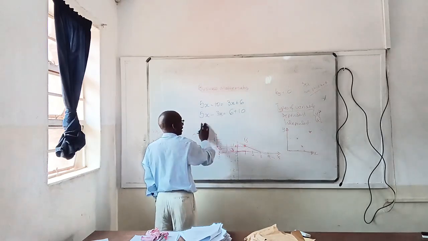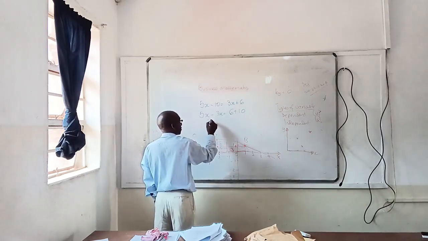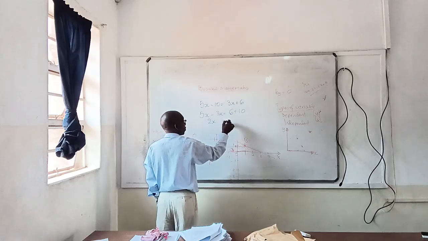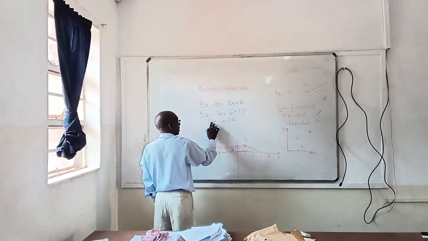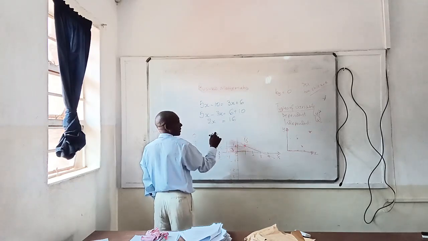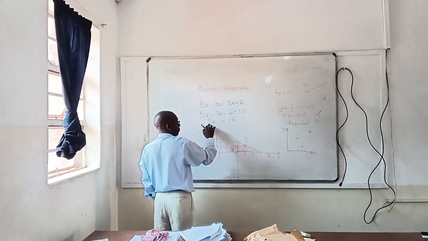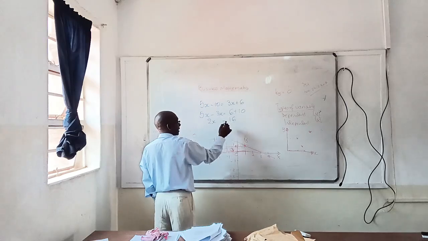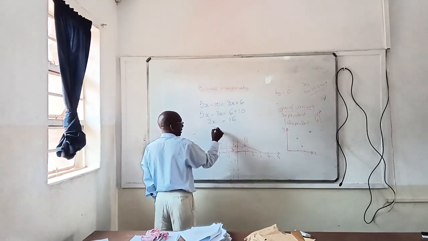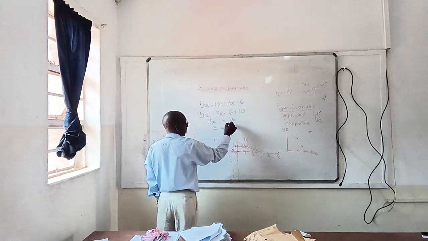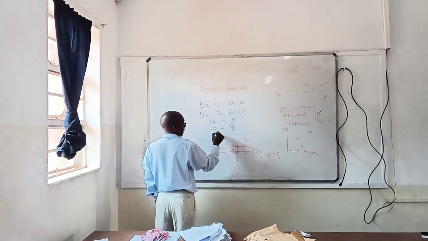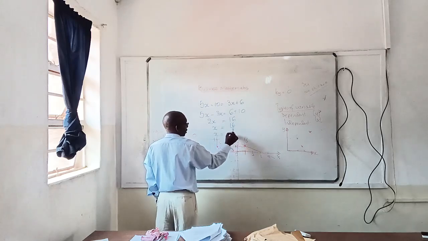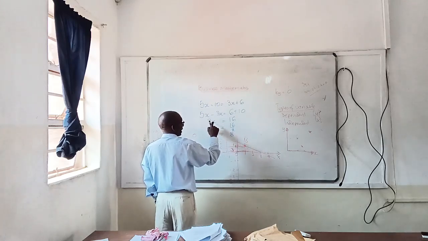So 2x is equal to 16. What do you multiply with the 2 to get 16? So x is equal to 16 divided by 2. Therefore, x is equal to 8. So 2 multiplied by 8, 2 times 8 is what? 16.